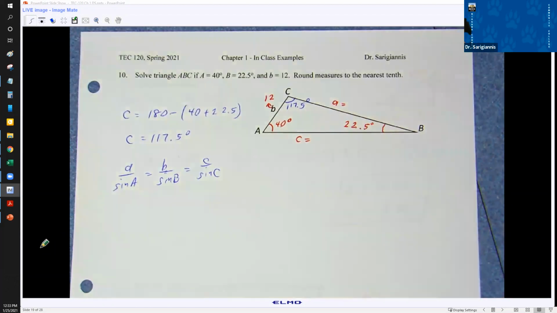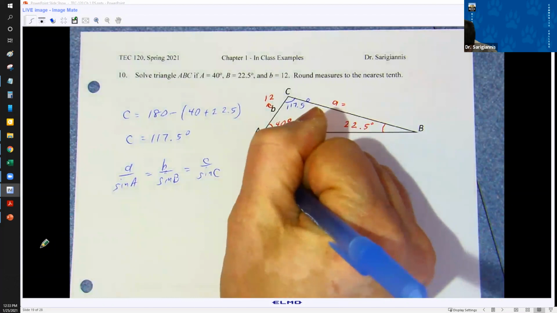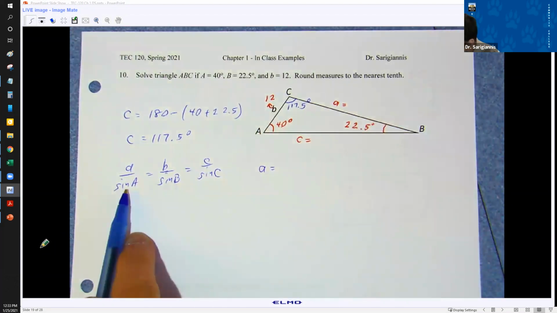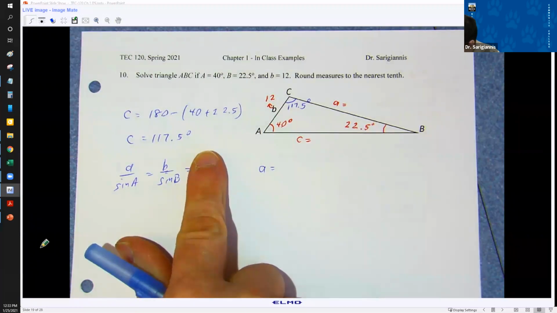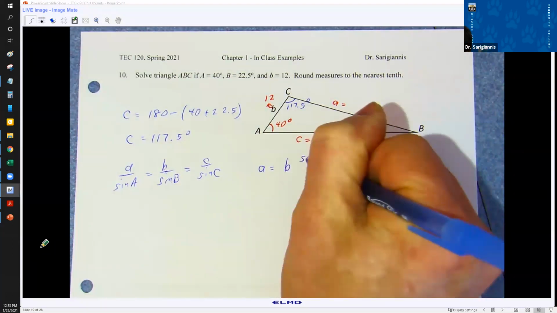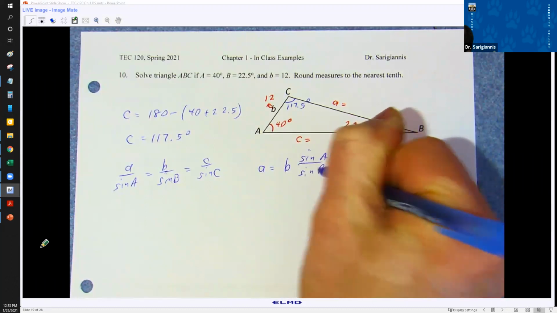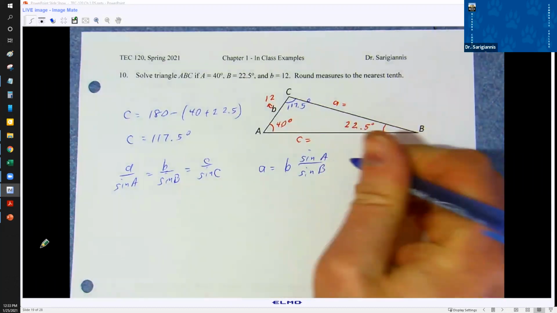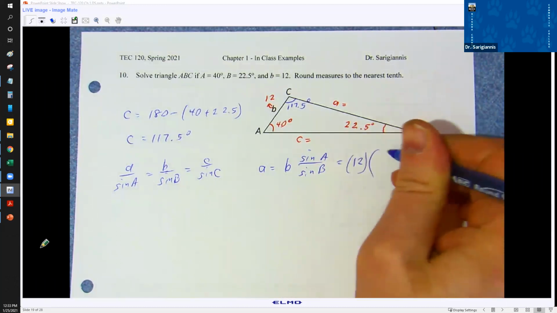What do I have? Oh, for the first one, I'm going to get A equals. All right, so I'm going to look at these two. So it's going to be B sine A over sine B. And that's just going to be 12 over, what do I have?